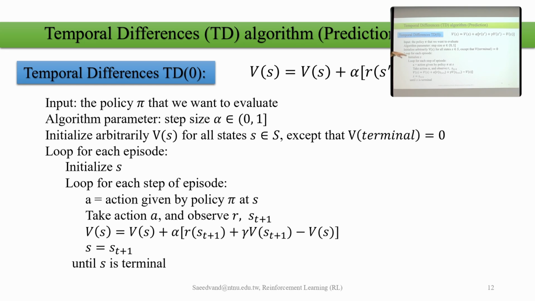Later we have a loop that for each episode, first we initialize the state, and for each one of the steps in this episode, we take the action, and the action comes from where? The action comes from the policy that's given to us, not generated with epsilon greedy or something, just directly from the policy that we have.